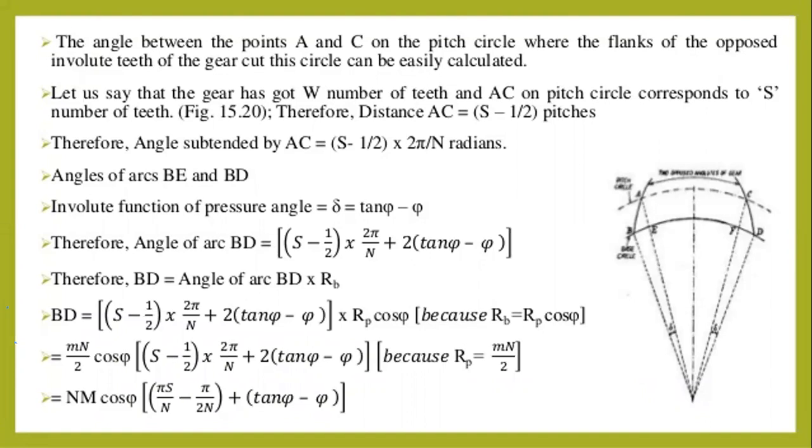Next, we have to take the angle of the arc BD, which is half of the proportion of S, that is, S minus 1/2. So we substitute the angle BD, that is, S minus 1/2 into 2 pi by N plus tan psi minus psi.